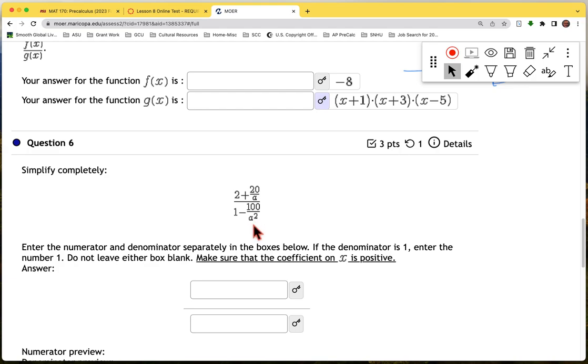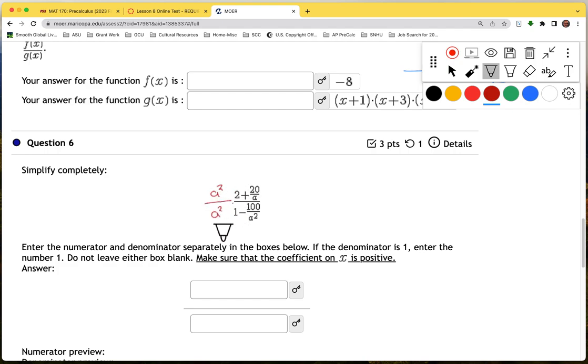Okay, so we see a common denominator is a squared, right? That will get rid of both the a and the a squared. So this is a times a, the bottom, the top part is a. So what we're going to do is we're going to multiply the top by a squared and the bottom by a squared.